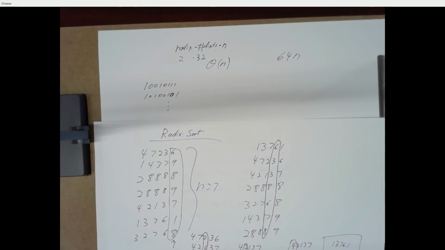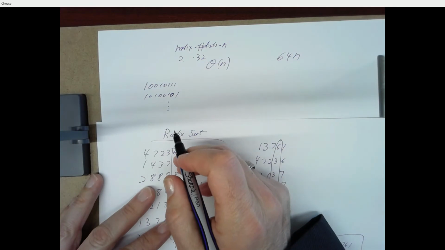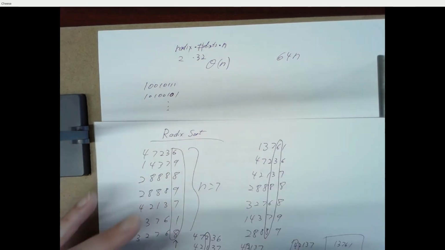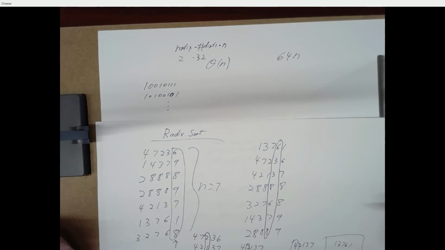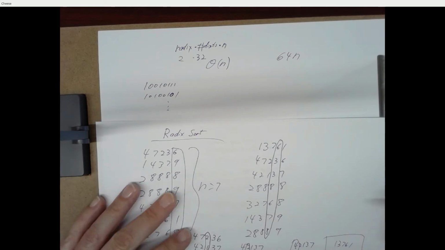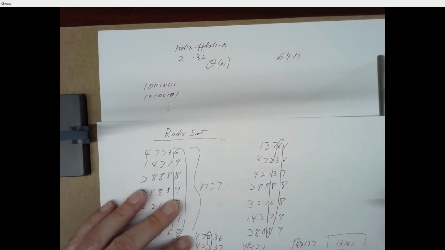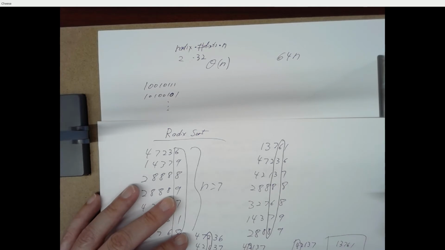But think about this. Worst case, if we're working with numbers up to 4 billion, right? Let's say n is 4 billion. Okay, so we have every possible number that we want to sort. What's the log base 2 of n? What's the log base 2 of 2 to the 32nd?